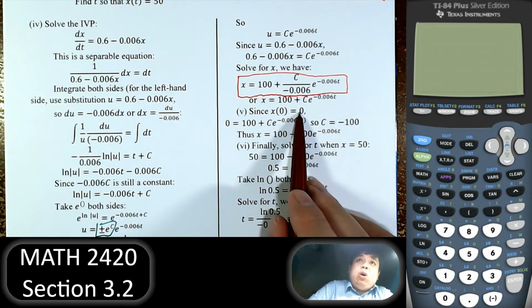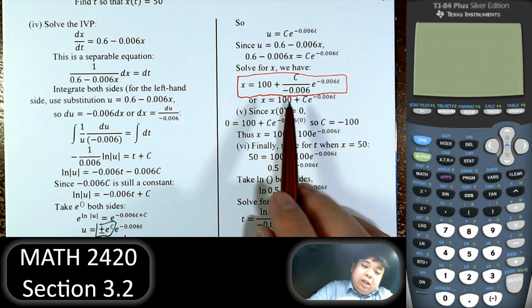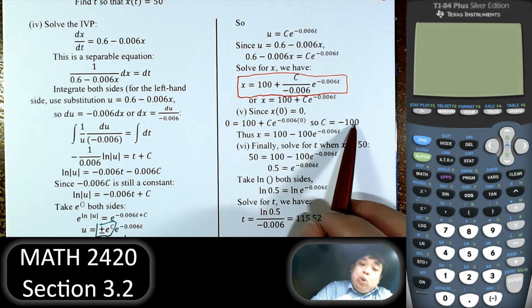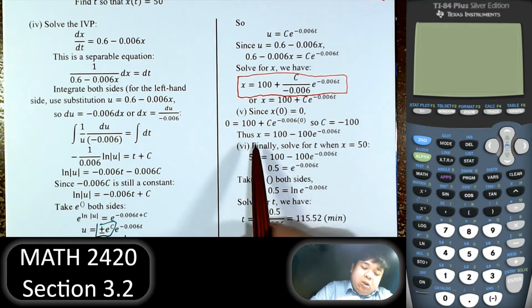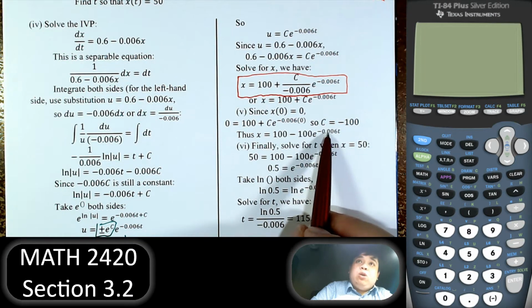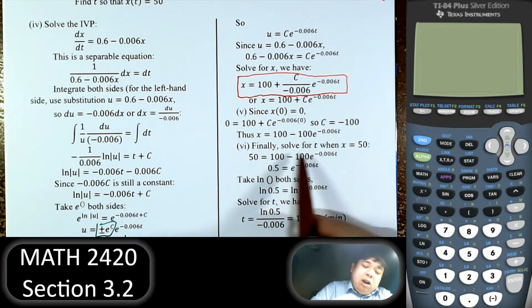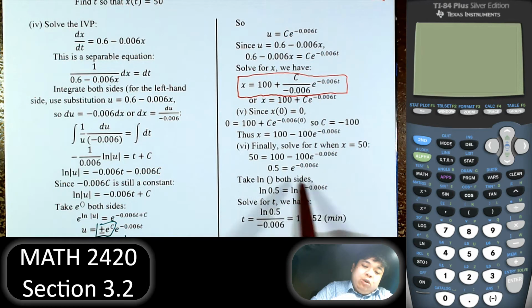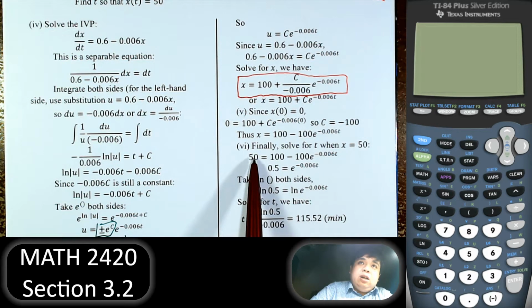Initially there's no salt in it, so we put 0 in for x, make that equal to 0, and we solve for this. We have c equal to negative 100, and so the equation is 100 minus 100 e to the negative 0.06 t. And finally, when x is equal to 50, we put 50 in for x, and we solve for t. How to solve for t? Subtract 100 on both sides, and then divide by negative 100.